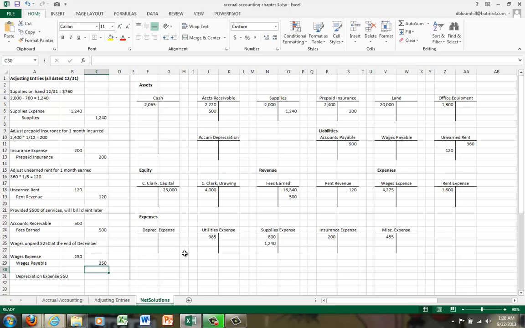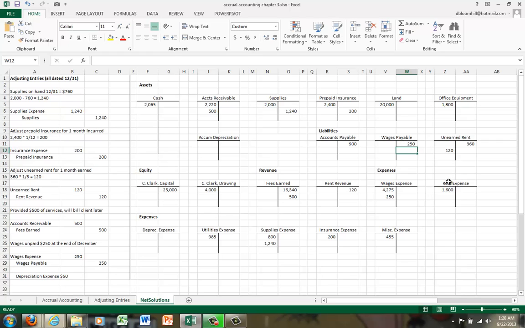So we're going to go to our wages expense account, a debit of $250 to wages expense, and a credit of $250 to wages payable.